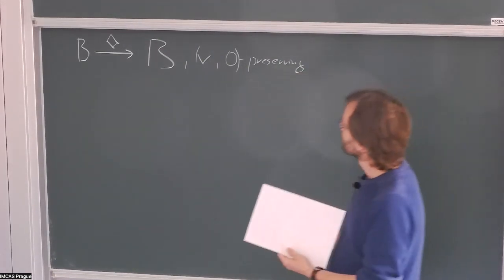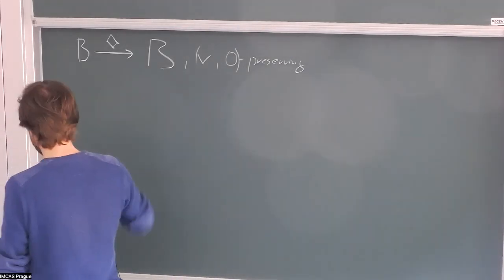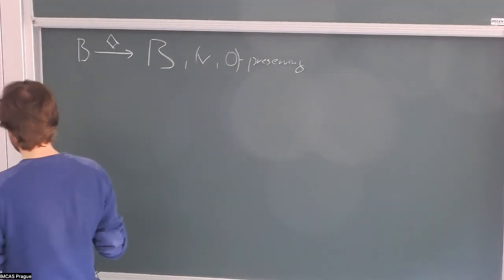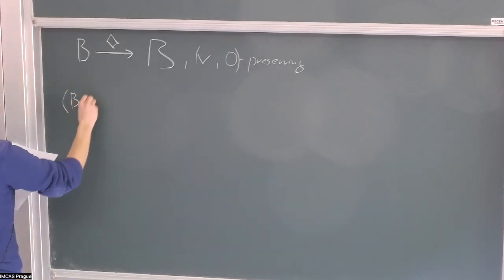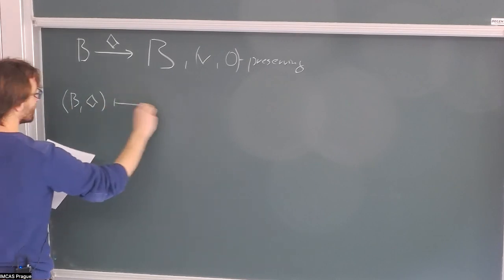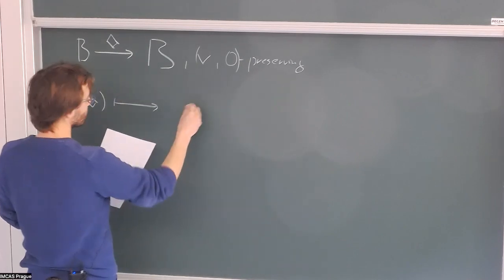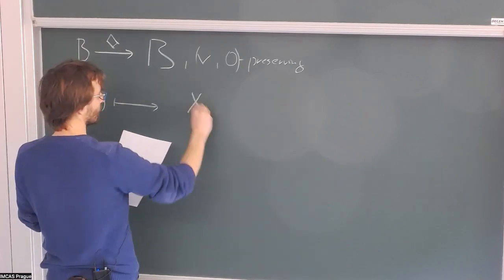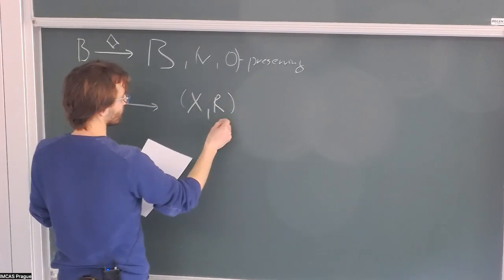All right. So what do we do? I don't know if that was a known construction already back then or not, but if you have your Boolean algebra with an operation, you can build a structure with a binary relation. So we will have some X, R, where R is a binary relation.